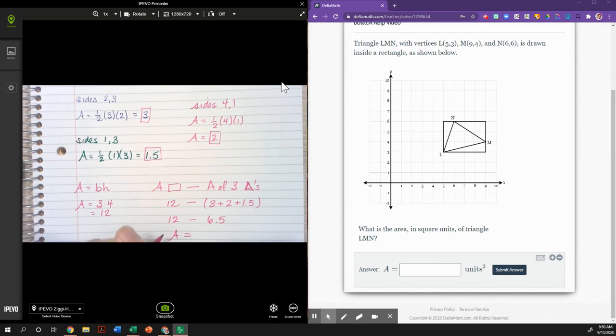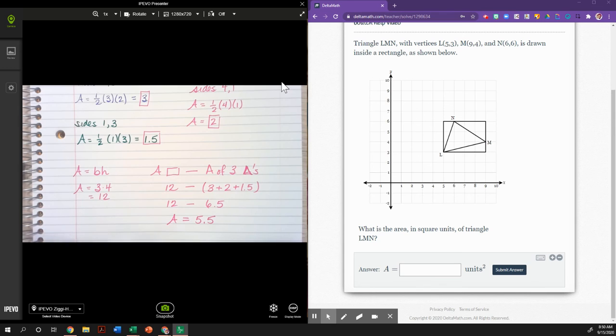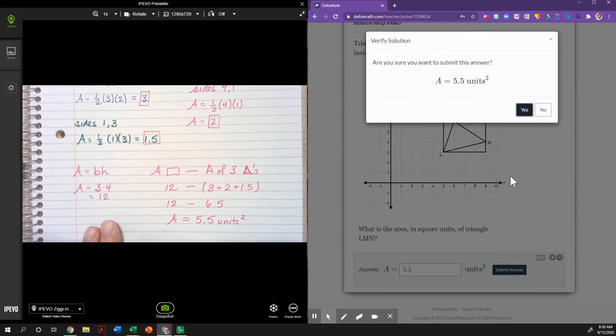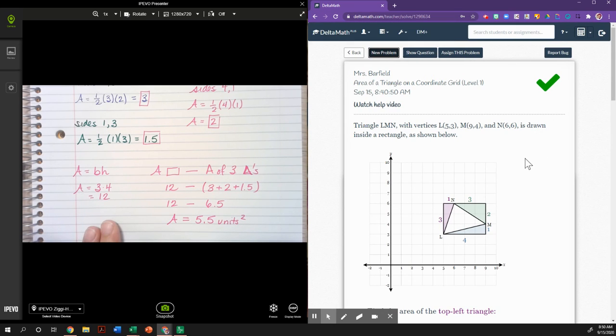So that means my area is 5.5. Okay, and then it's units squared, because I don't know if I'm in inches, I don't know if I'm in feet, but it is 5.5. Okay, submit my answer. There we go.